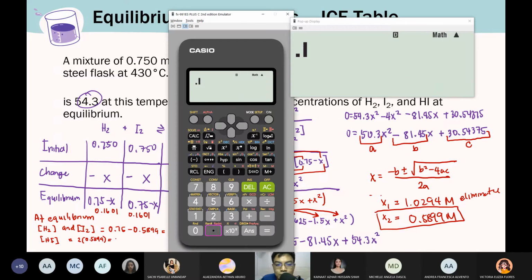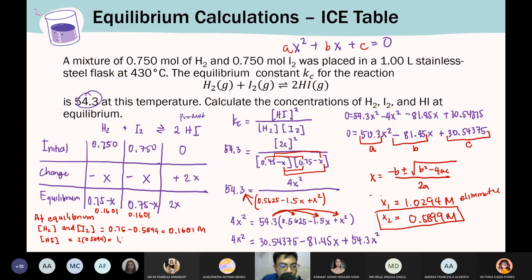Times 2 mo lang yung 0.5899. 1.1798. Okay, pasensya na, medyo maliit yung sulat ko kasi maliit lang yung PowerPoint screen. Okay, but that's how you get the equilibrium concentrations.